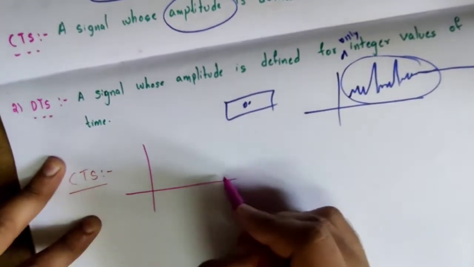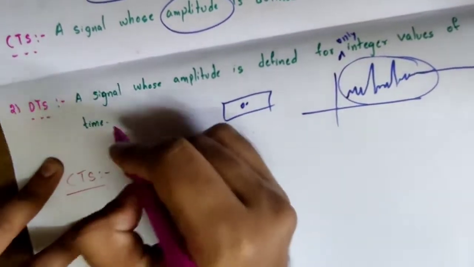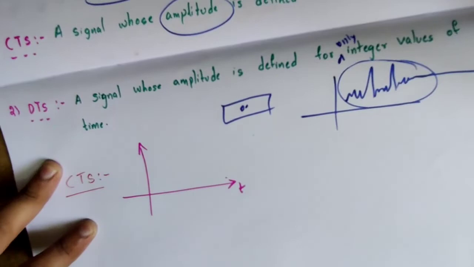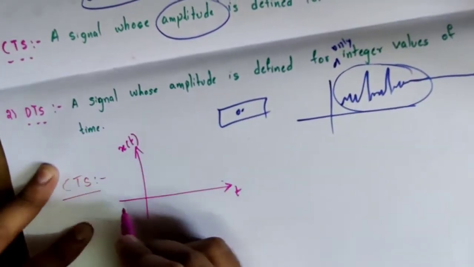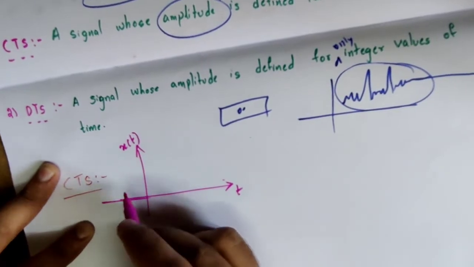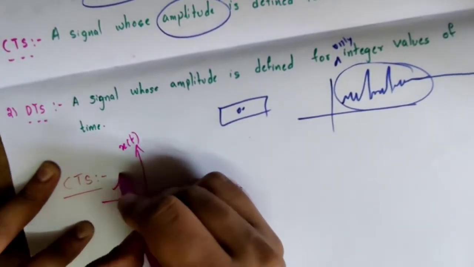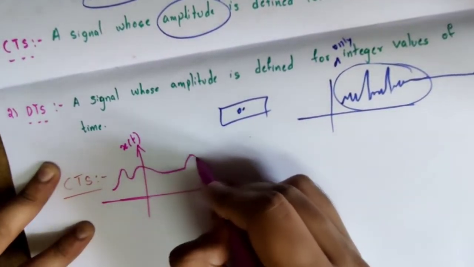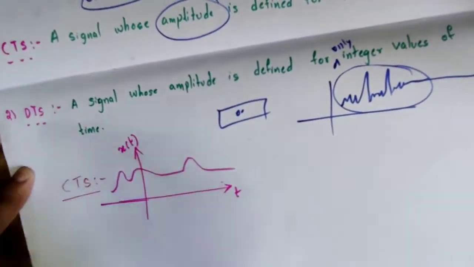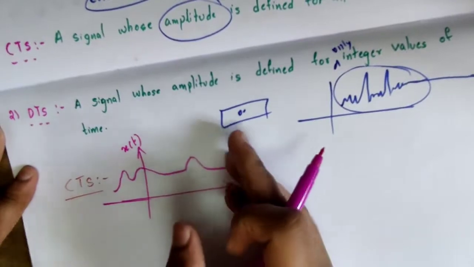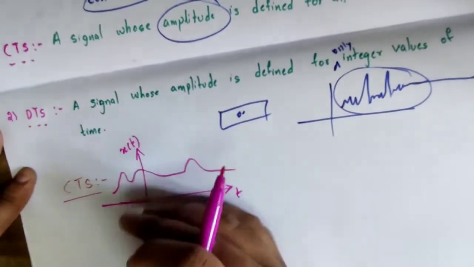See, I have already said that the independent variable is t, and let me consider my signal as x of t. This is my signal. This is some kind of signal, whatever it may be. This might be your speech signal or your heartbeat signal, whatever you consider.